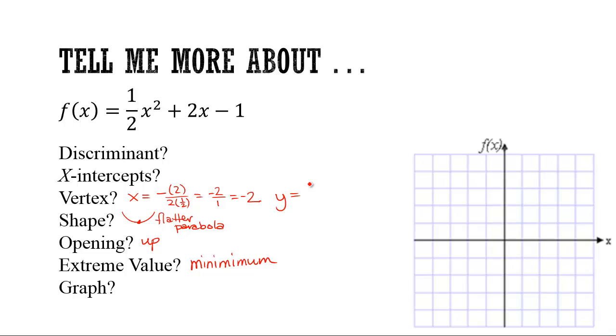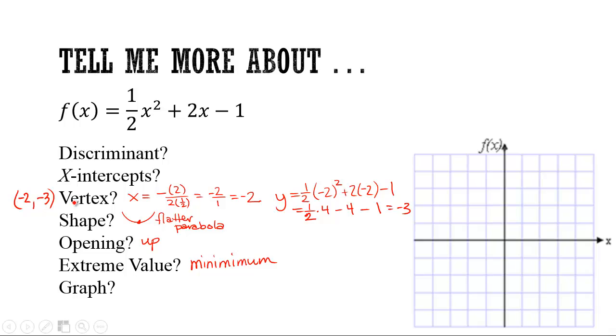The y is going to be found by plugging the -2 in. Giving us half of 4 minus 1, which is 2 minus 4 is -2, minus 1 is -3. So the vertex is -2, -3.